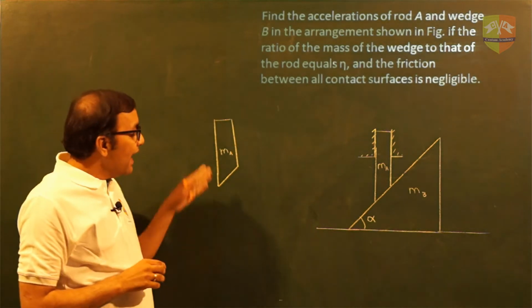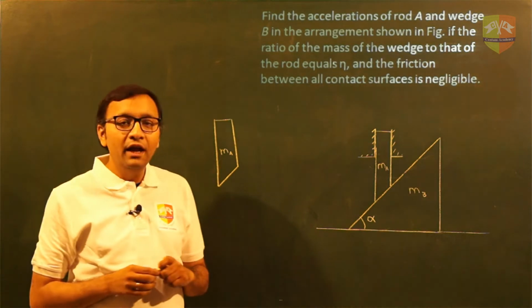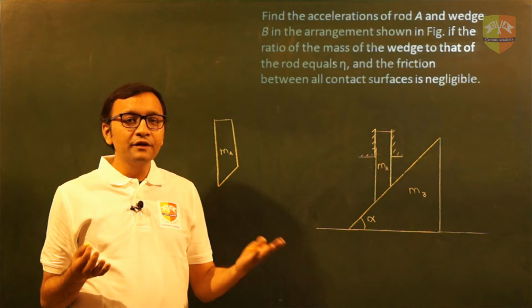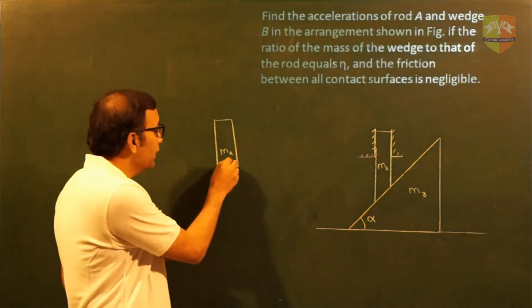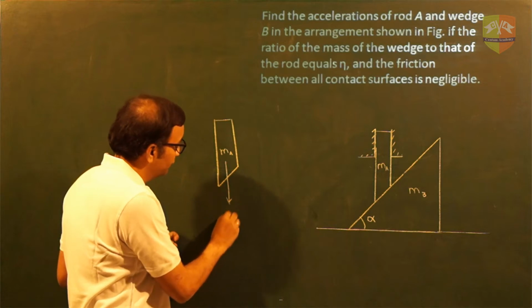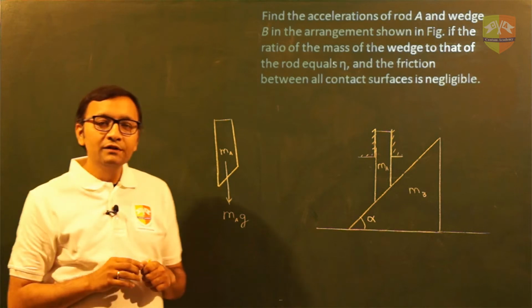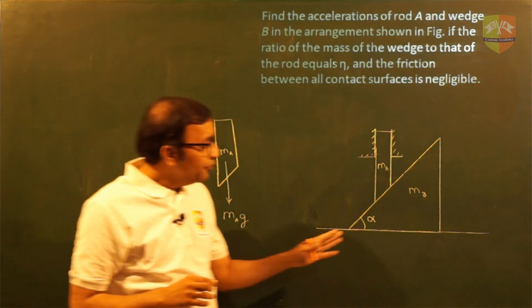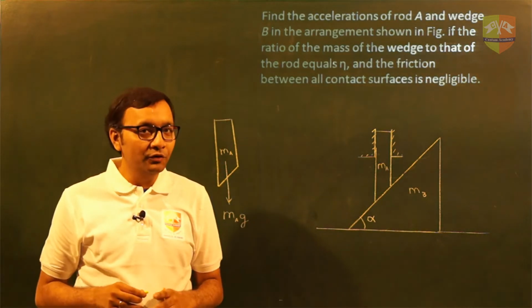right? Now as it moves down, what do you think will be the forces on MA? One obvious force that comes in your mind is gravitational force, right? It will be in vertical downward direction. So this is MA into G. What else force? There is another force which MB applies on MA, and that is normal force, right?